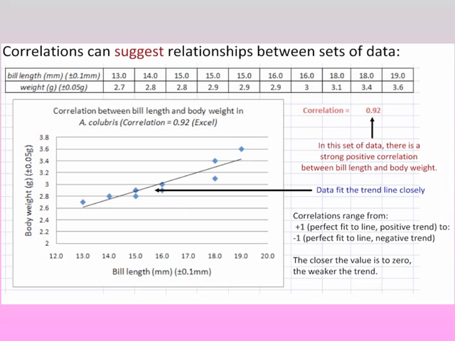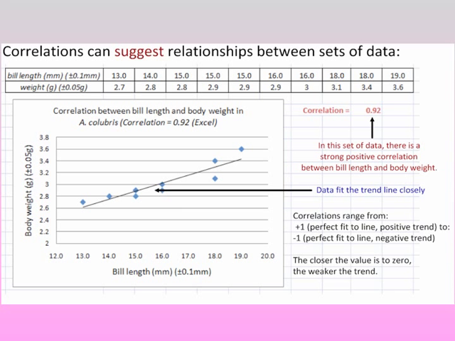Okay, so the next step is to talk about correlation and causation. Okay? Correlation can suggest relationships between sets of data. That means, for example, using the hummingbirds again, you can have the bill length, how long is their beak, okay? And you can have the weight, how much does each of these birds weigh?